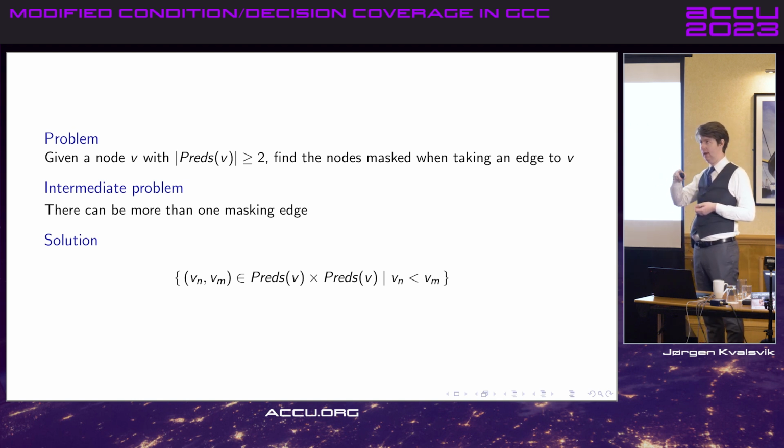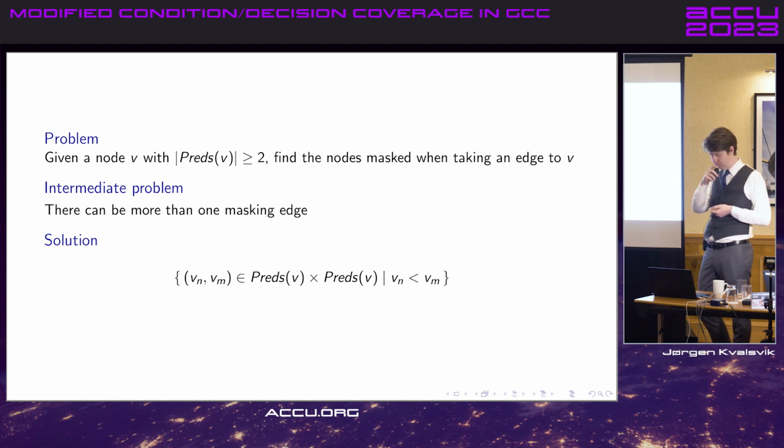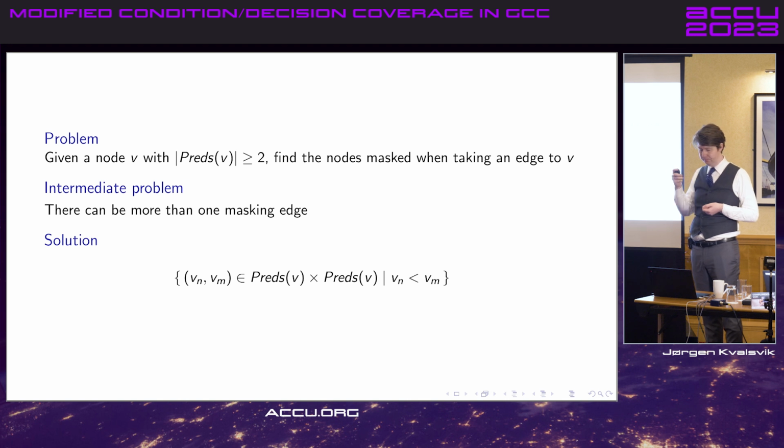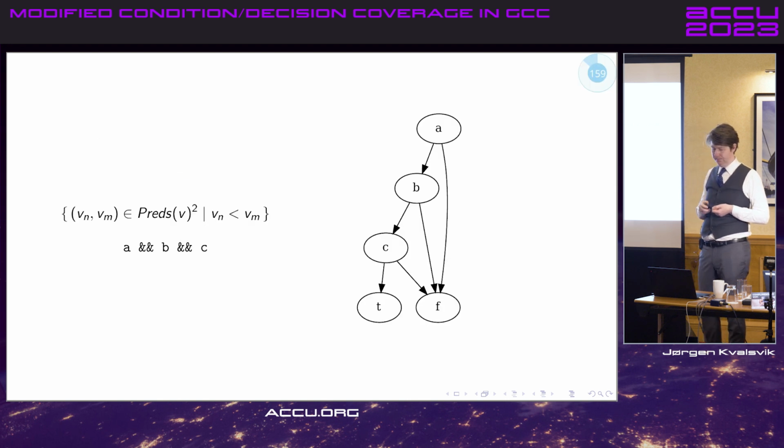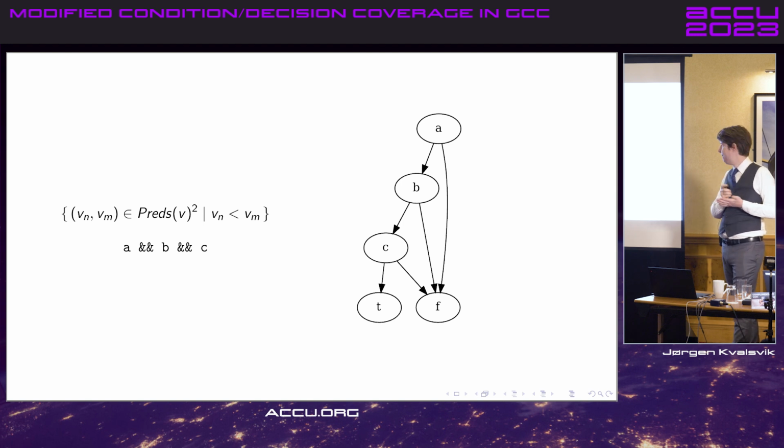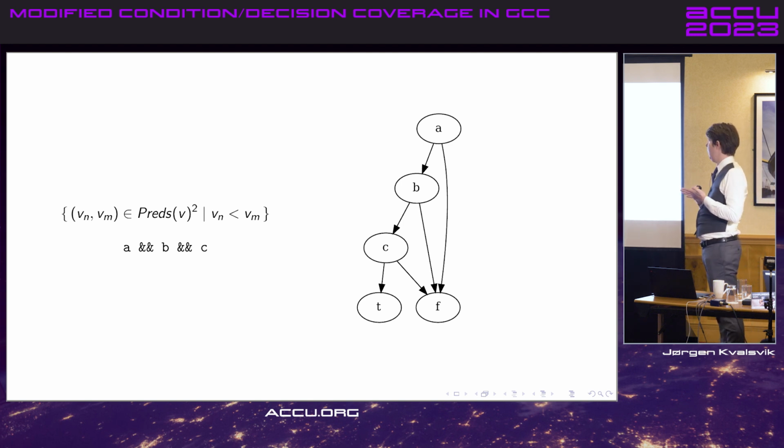You saw that with A and B or B and C, and D. If C is false, then obviously both A and B are masked, right? And the solution is to go over the Cartesian product of predecessors, with the ordering.